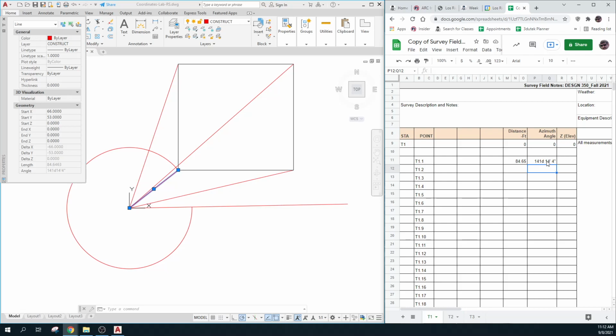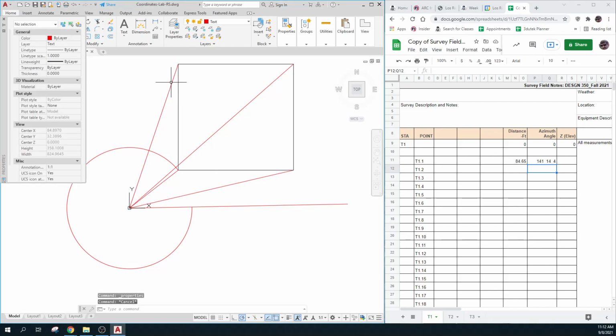If I already know what I'm doing, I can say 141 space 14 space 4, and I could write it like that, but I'd want to make a note somewhere that means 141D 14. So it depends on how you want to actually write it down. Okay, so let's take a look at my next one.